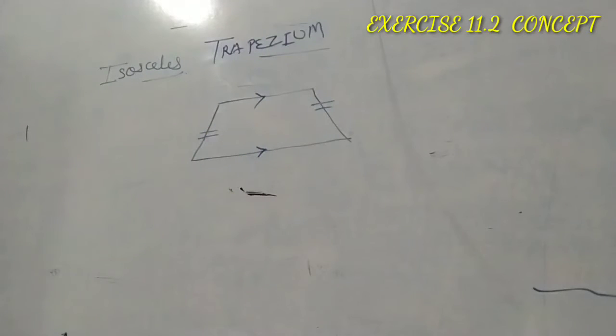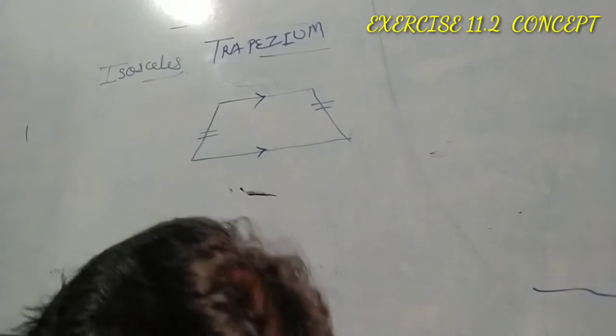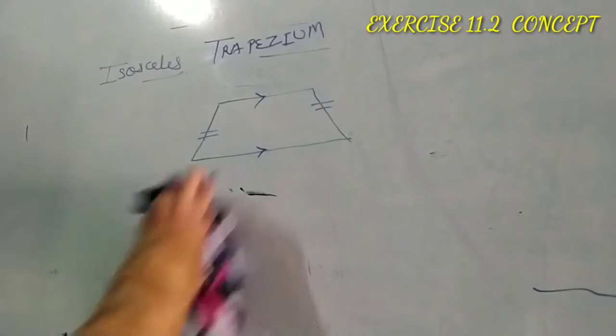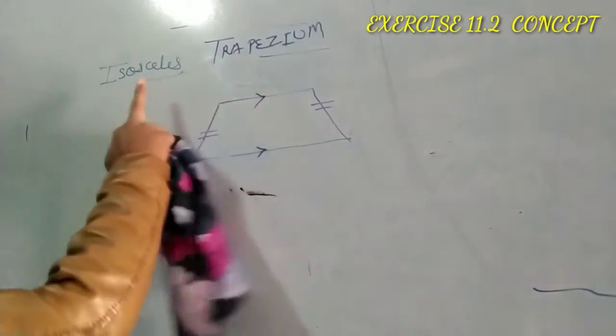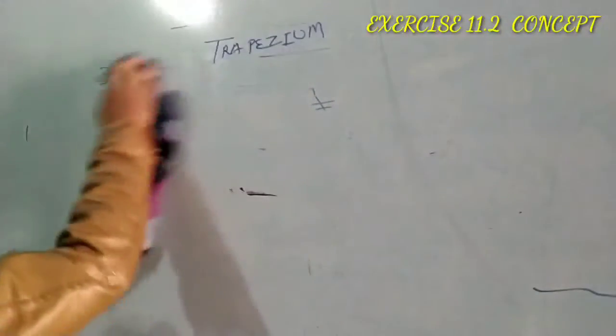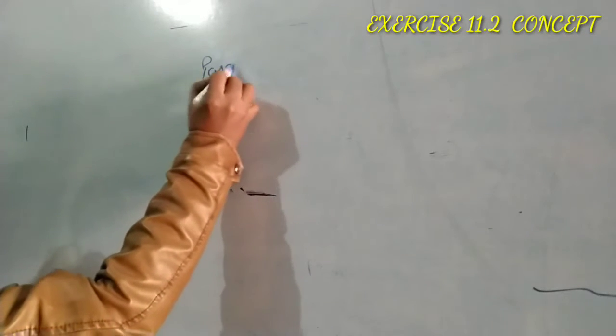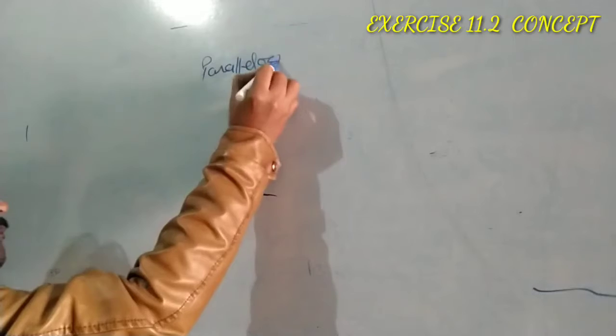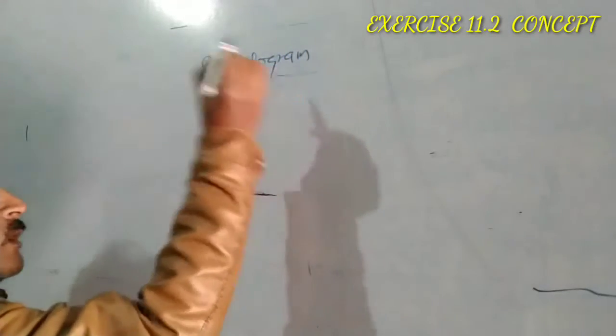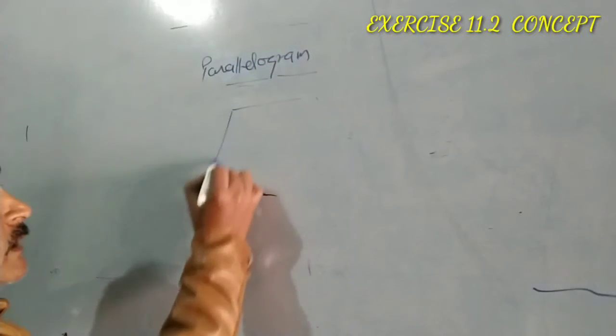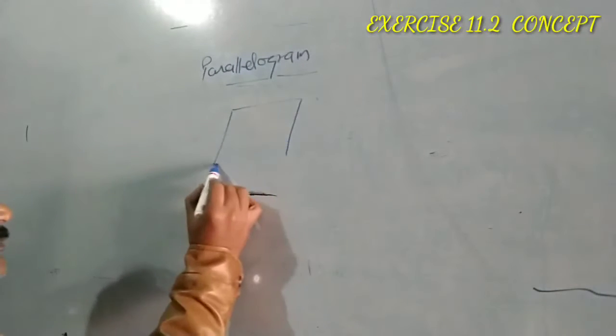The second type of quadrilateral is the parallelogram. The first was trapezium, the second was isosceles, so we will see the third one, parallelogram. It will look like this.